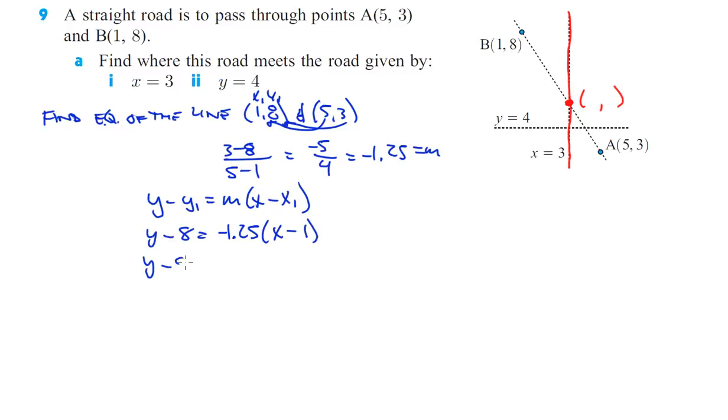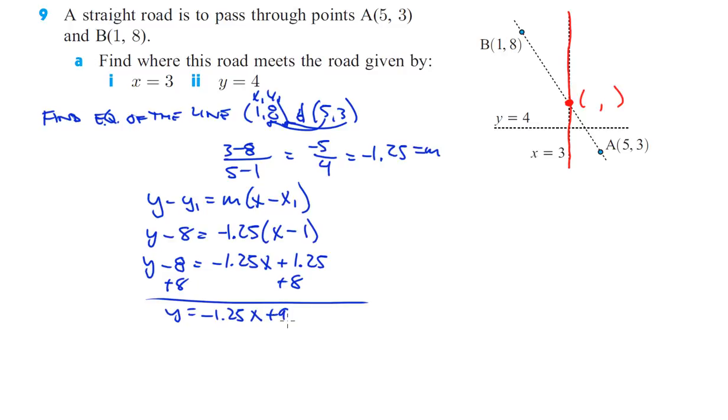So y minus 8 equals negative 1.25x, and then negative times negative is positive 1.25. Add 8 to both sides, and we get y equals negative 1.25x plus 9.25. That's the equation of the road here.